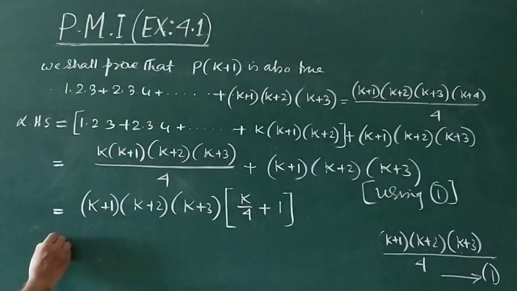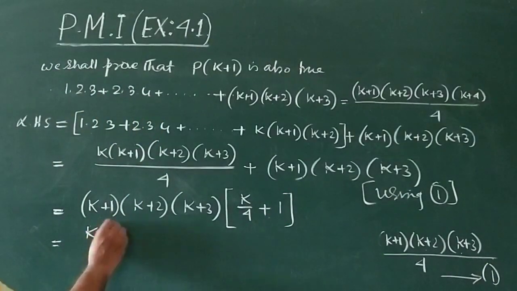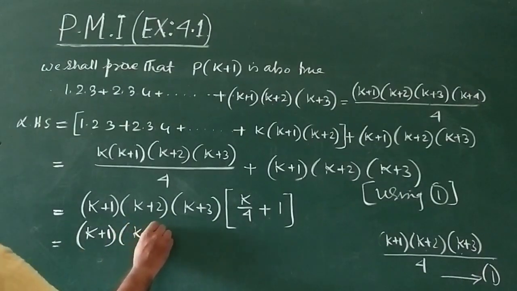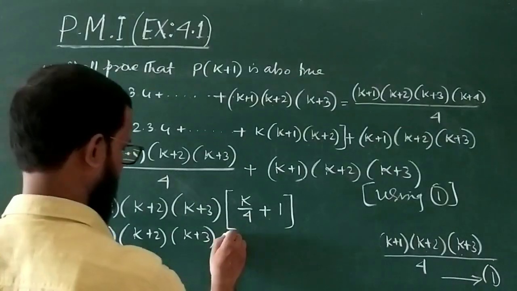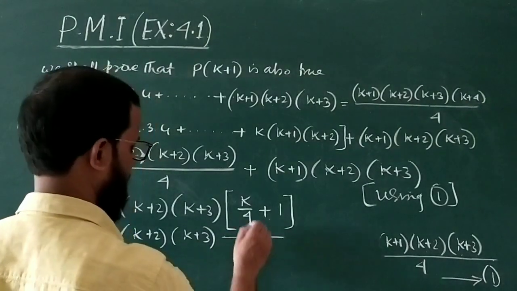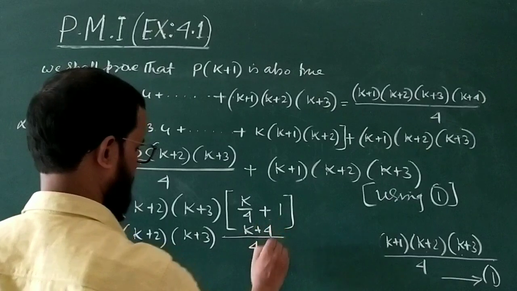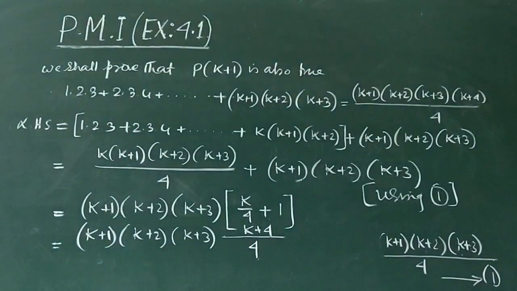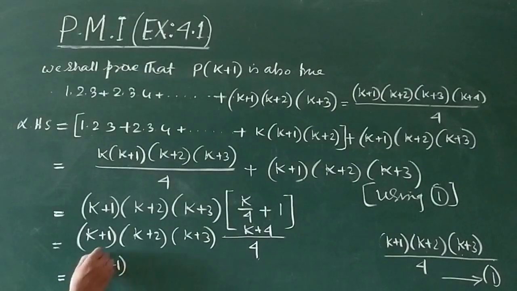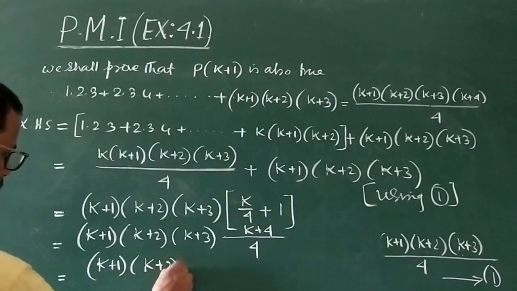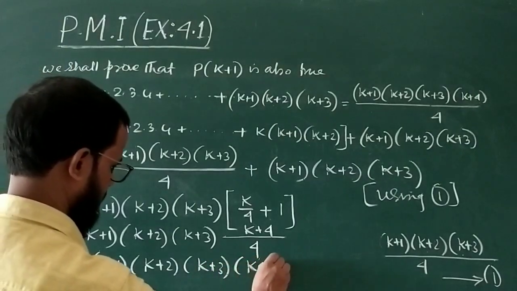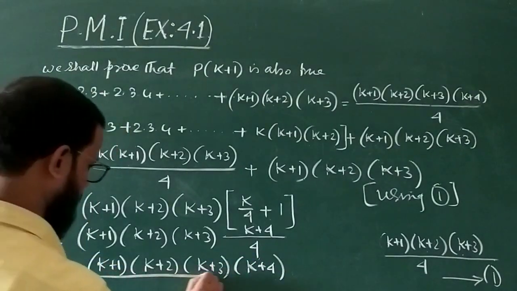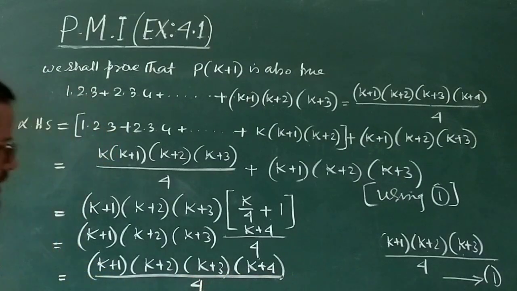Okay, so ultimately it is k plus 1, k plus 2, k plus 3, and if you take LCM it will be what? K plus 4. Understood? And finally you are getting k plus 1 into k plus 2 into k plus 3 into k plus 4 divided by 4. I hope you are understanding.